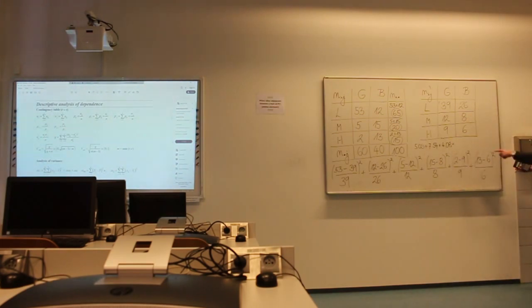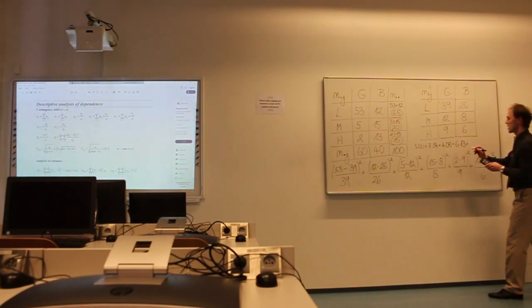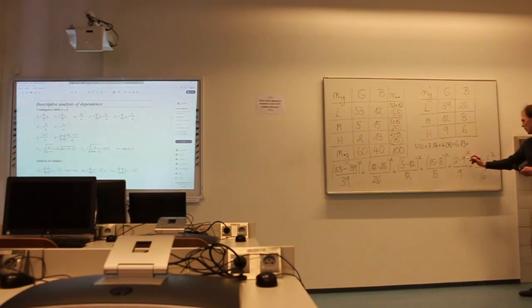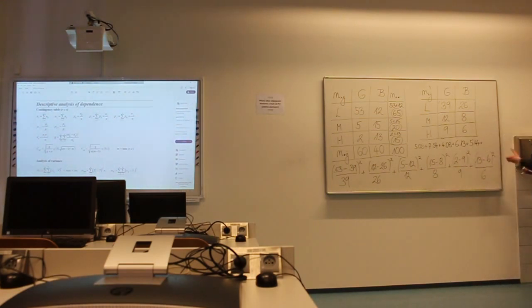4.08 plus 15 minus 8 squared divided by 8 is 6.13. 6.13 plus the fifth value, 2 minus 9 squared divided by 9, is 5.44. 5.44 plus the last value, 13 minus 6 squared divided by 6, is 8.17.